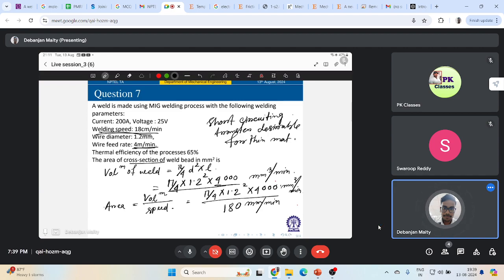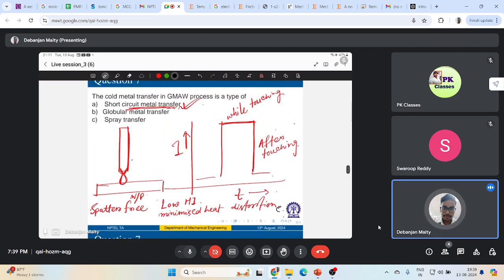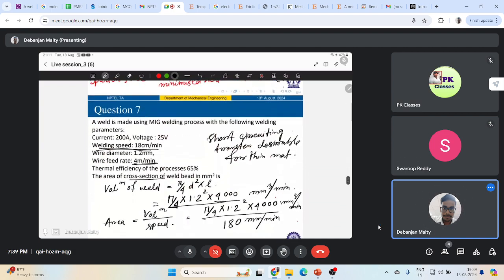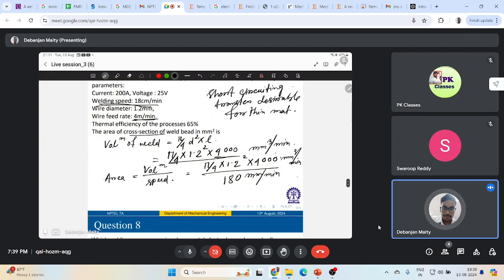Is there any confusion? It is the same numerical that we are doing in question 6. I don't think there should be any confusion as such. Any response?